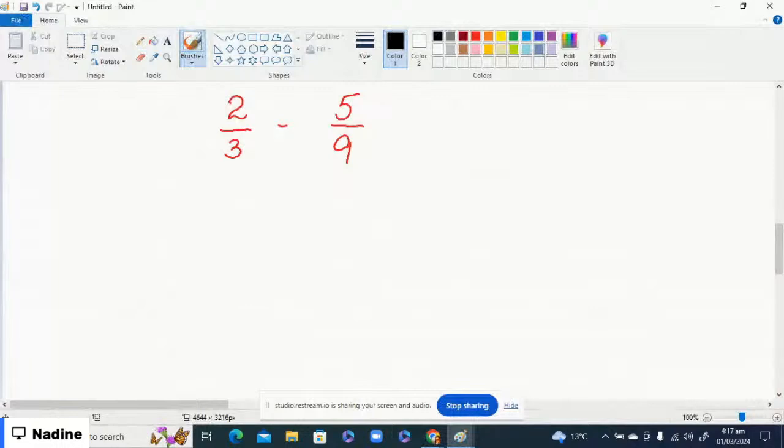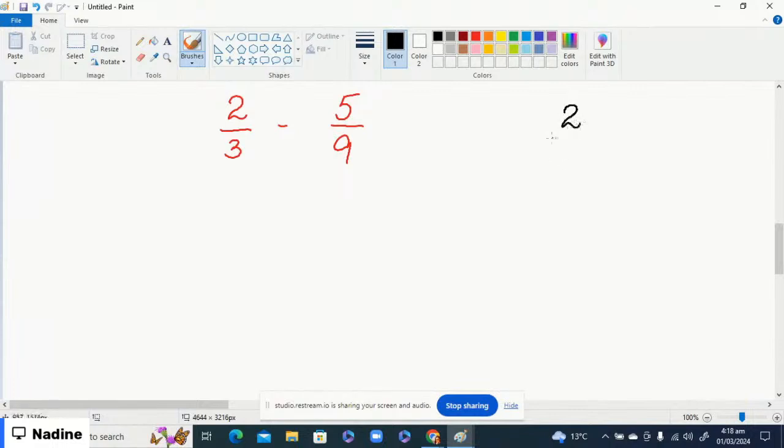Which is the smallest denominator? 2 by 3 or 5 by 9? Which number are we going to choose? Yes, good. 2 by 3.